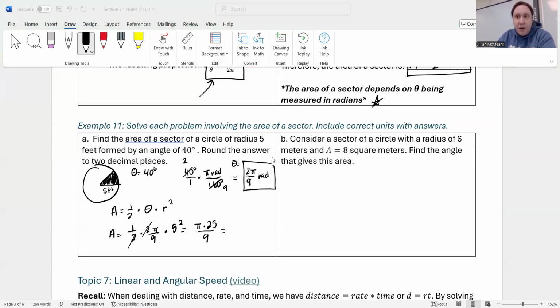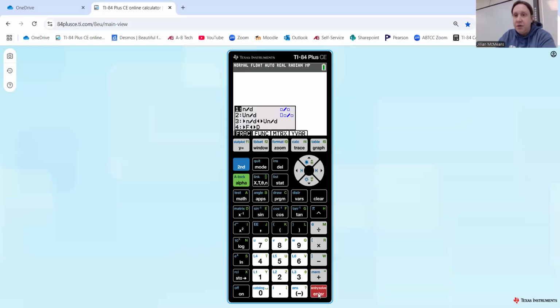On the calculator, we press alpha y equals, which gives us that template for a fraction. We have 25 times pi, so remember you press second and then the caret button, which is above division. Then we divide it by 9 and we need to round to 2 decimal places. We would get 8.73.